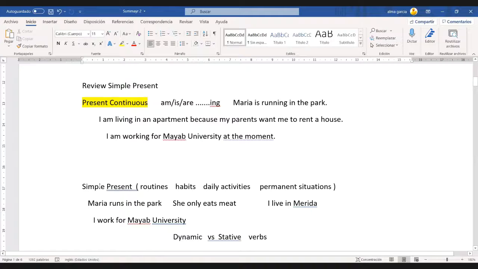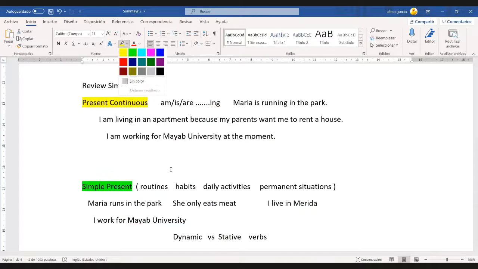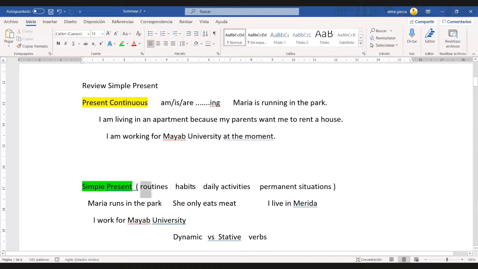The simple present is the contrary. It refers to activities which are routines, habits, permanent situations. That is why you say, Maria runs in the park. Maria is running in front of me, but Maria runs in the park every day, even if I don't see it. She only eats meat. I live in Merida. It's a permanent situation. I work for Miami University. It's also a permanent situation.